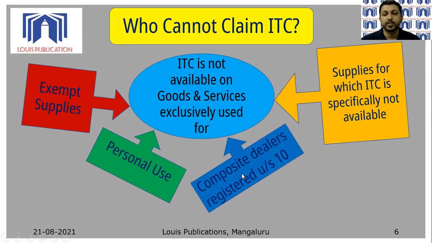If the SSE is registered under the composite scheme, that is under Section 10, such dealer or supplier cannot claim input tax credit. And if there are certain supplies for which input tax credit is specifically not available, dealers in such goods cannot claim input tax credit at all.